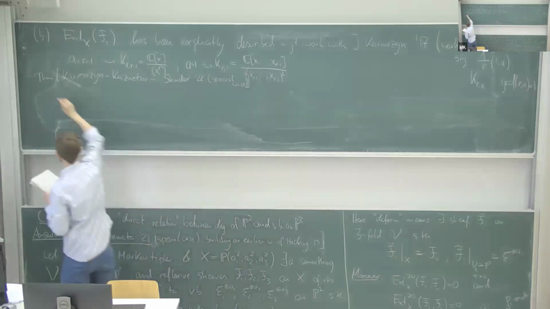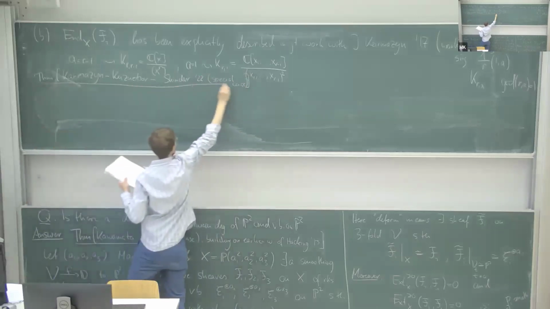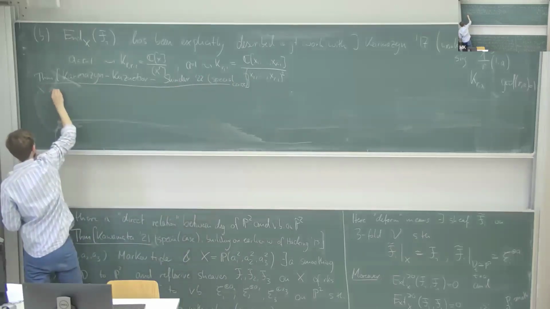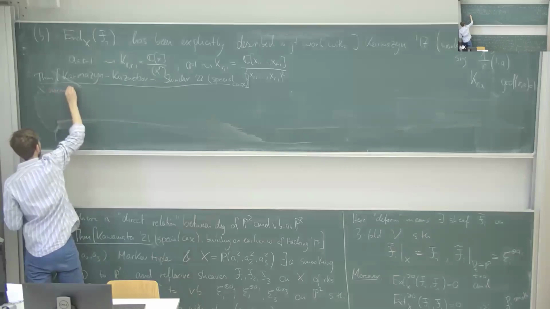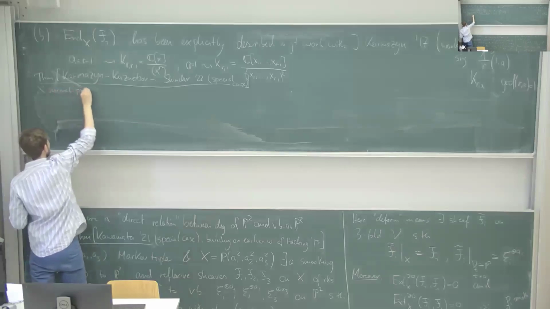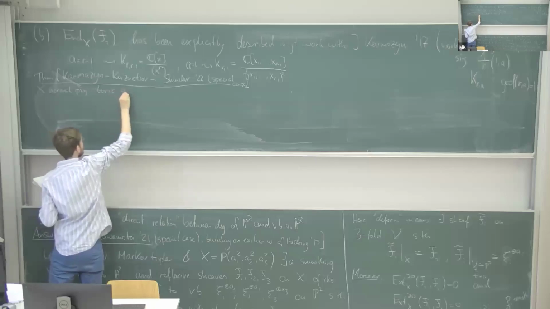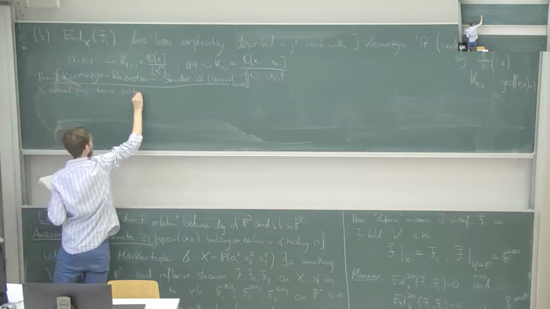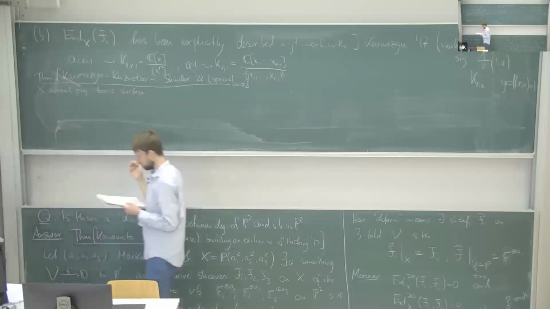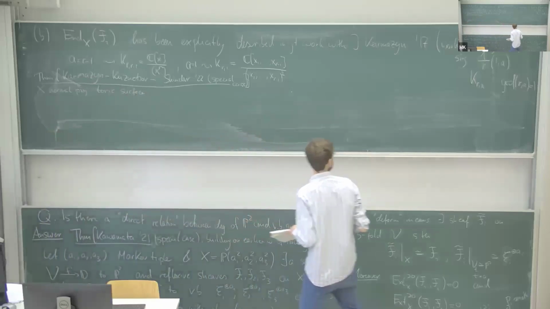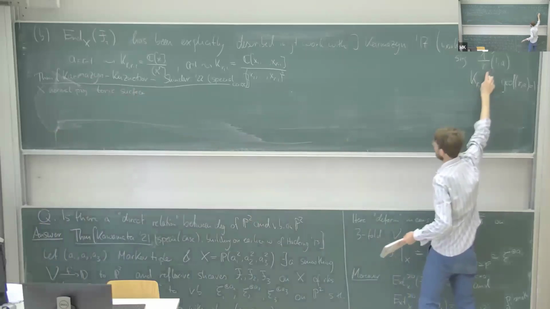What does it say? X should be a normal projective toric surface, then it follows that it only has cyclic quotient singularities, so only singularities of this type.